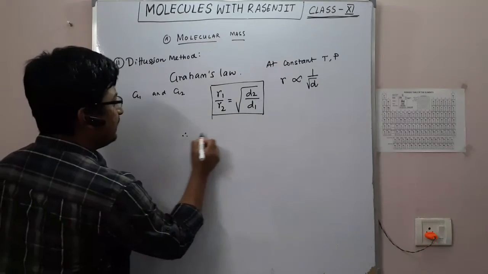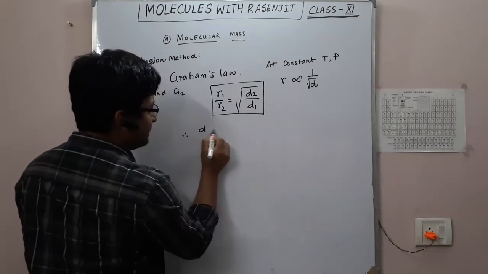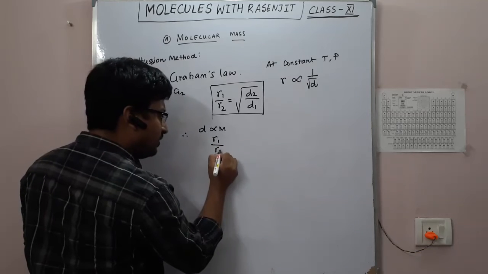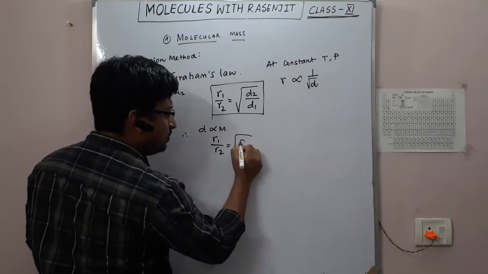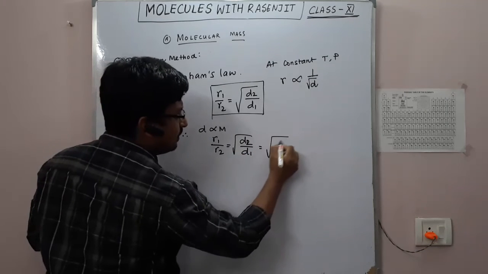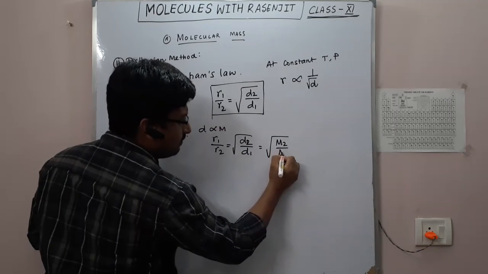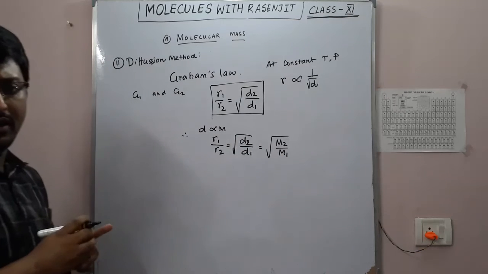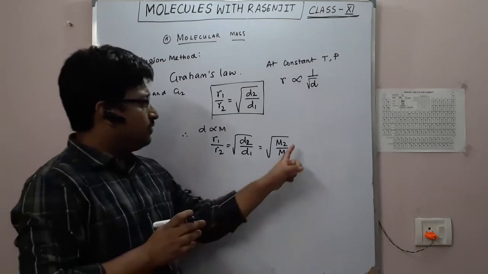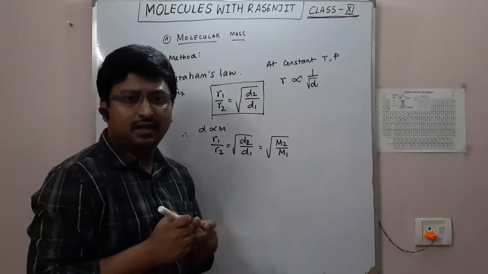So we can write R1 by R2, which is equal to D2 by D1, is equal to root over M2 by M1. That means M2 and M1 are the two molecular masses under consideration.